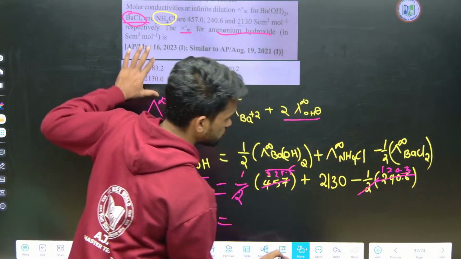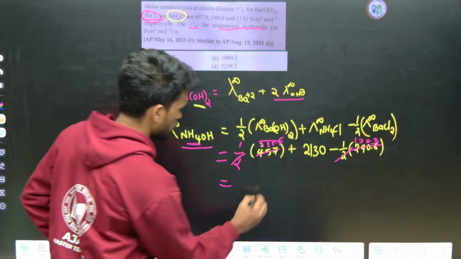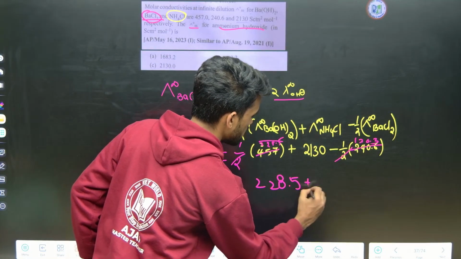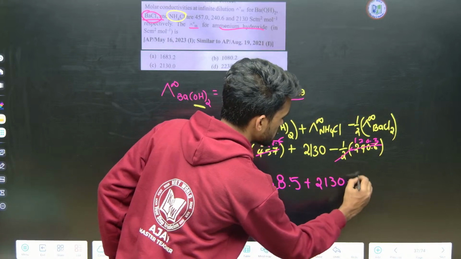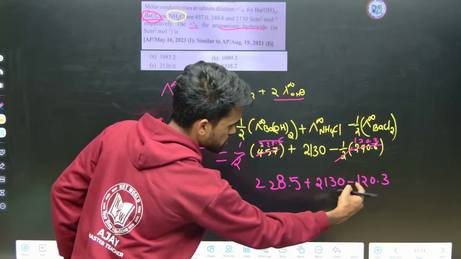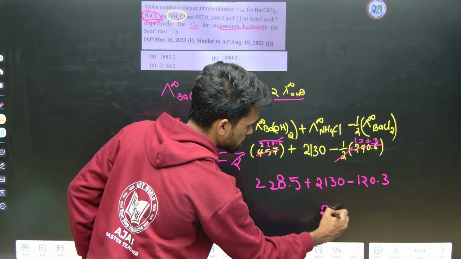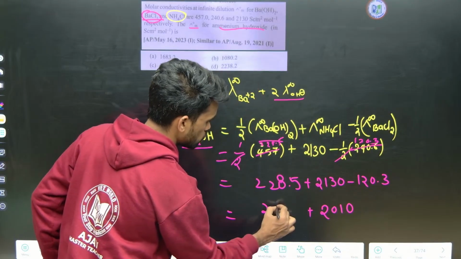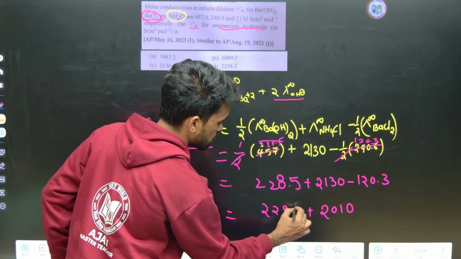How much is it? 228.5 plus 2130 minus 120.3. Just tell me how much. If you subtract, you will get 2010 almost, and this is 228.2.